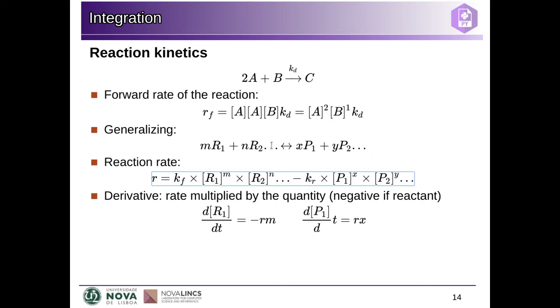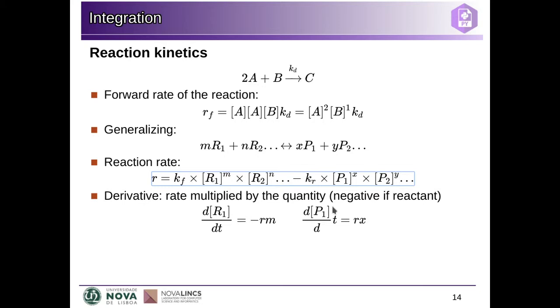But then we have the reverse reaction too, and it's the concentration of the products, each one raised to its own amount, and this multiplied by the kinetic constant in reverse. So in general, many chemical reactions are reversible, and they tend towards an equilibrium where the 2 sides are going at the same rate, and so the sum of these, or these minus that one, will cancel out, and the overall change is 0.